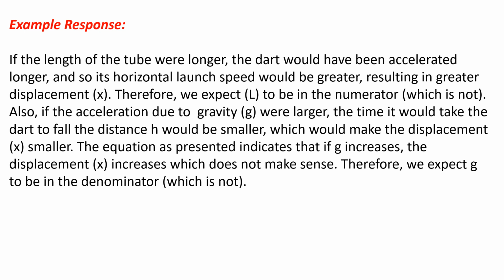The equation as presented indicates that if g increases, the displacement x increases, which does not make sense. Therefore, we expect g to be in the denominator, which it is not. So here's your argument, justification for this part of the problem.